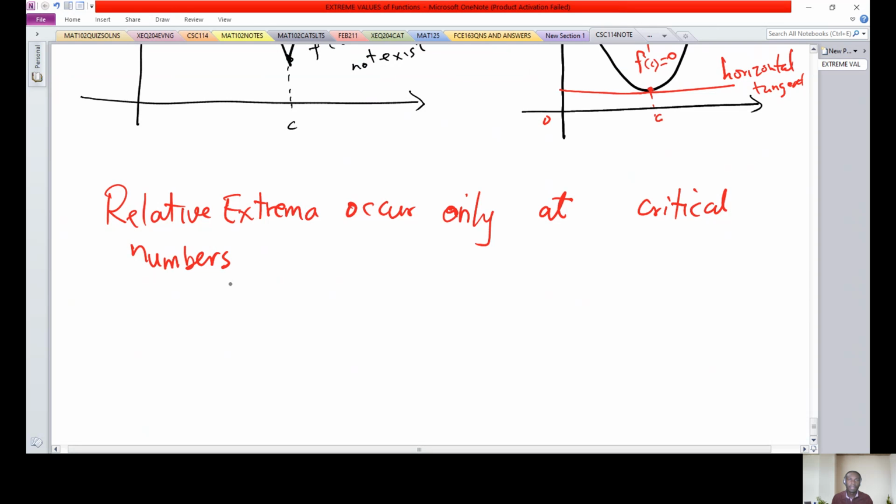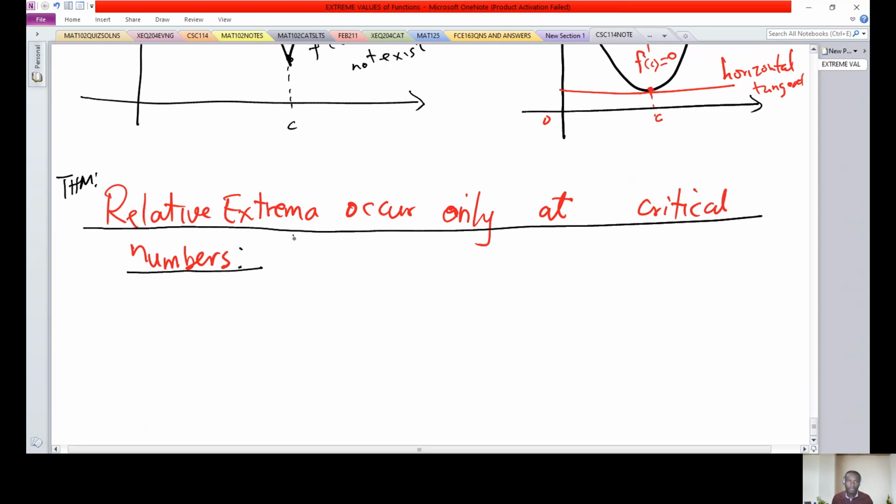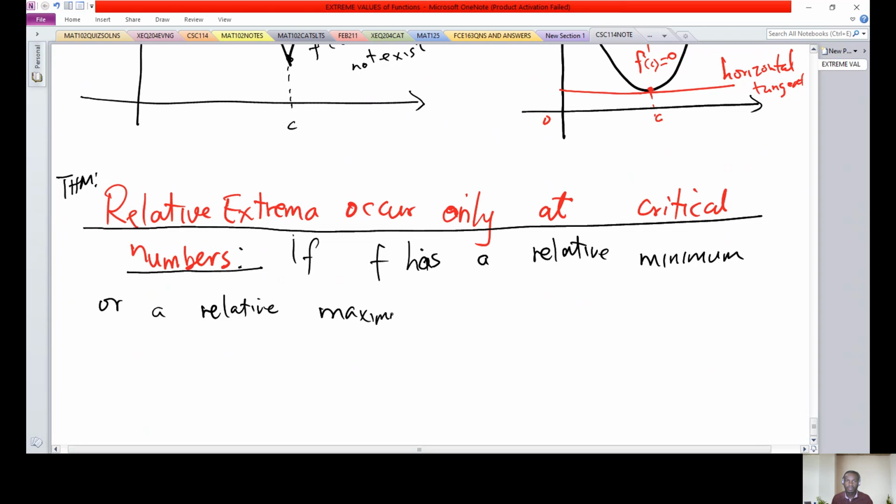This is like a theorem: if f has a relative minimum or a relative maximum at x equals c, then c is a critical point.